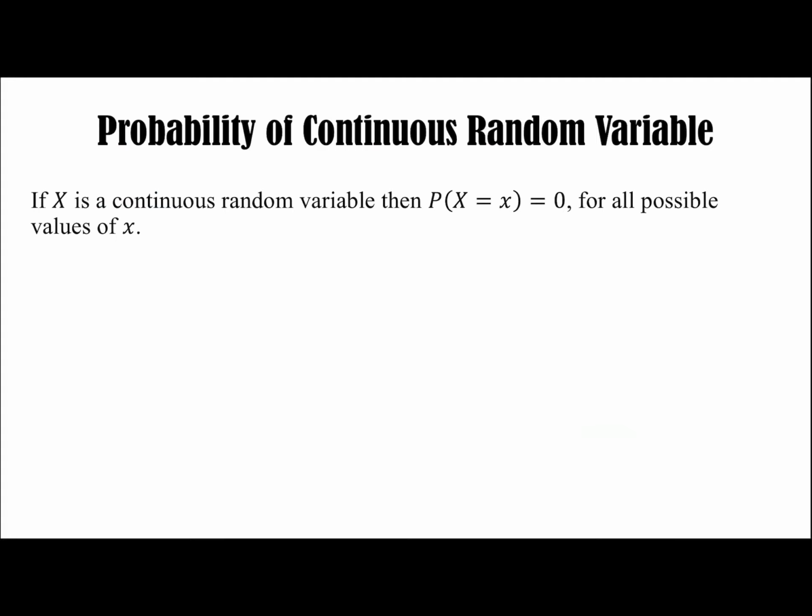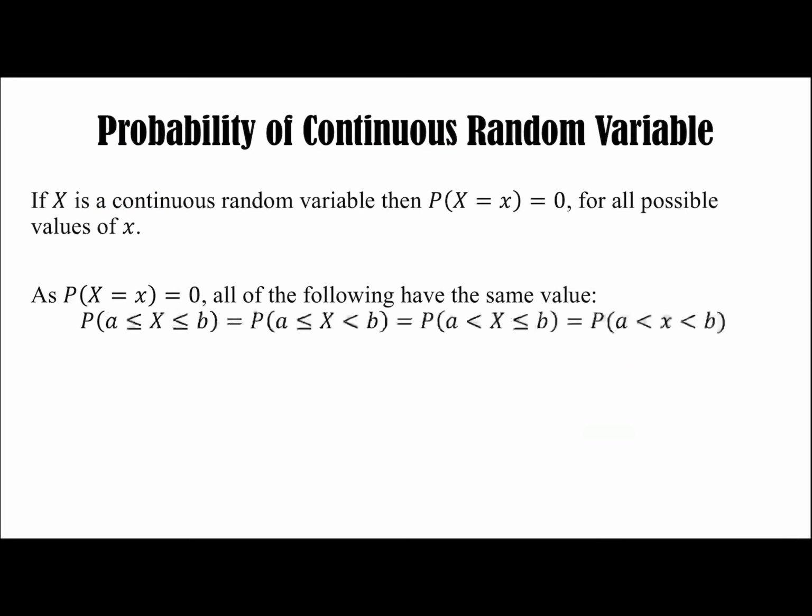So probability of a continuous random variable: if x is a continuous random variable, then the probability of x at a particular value is 0 for all possible values of x, meaning like P(x = 3) is 0 in the previous example. So as P(x = exact value) is equal to 0, the other values should also have the same value, because it doesn't matter whether the boundary is included or not.